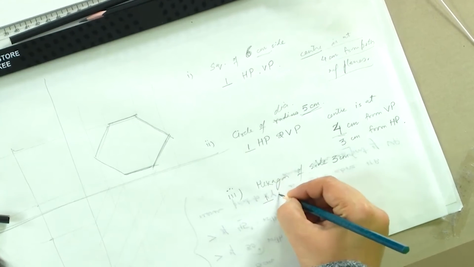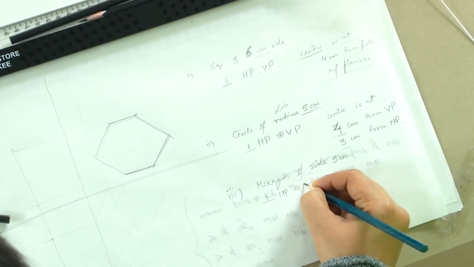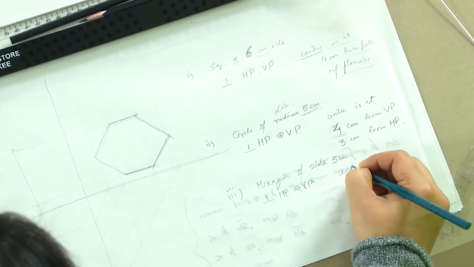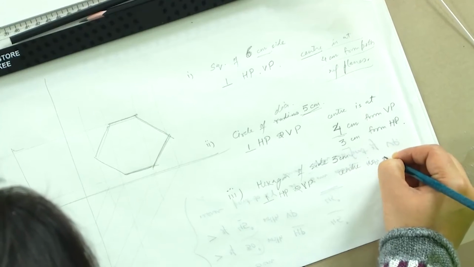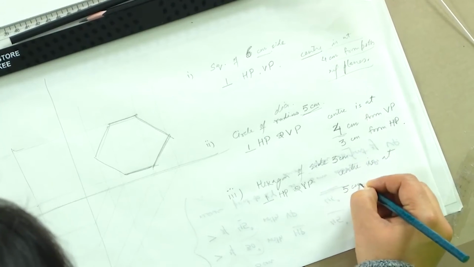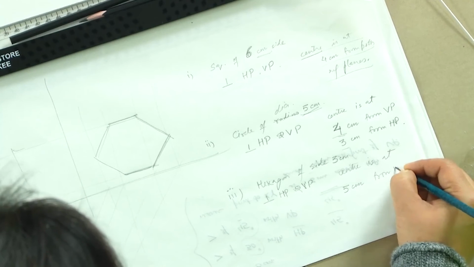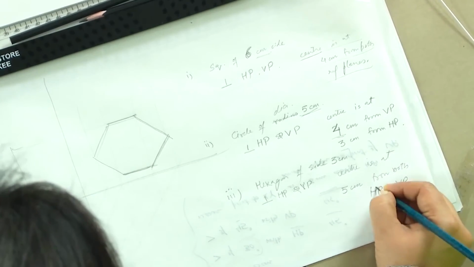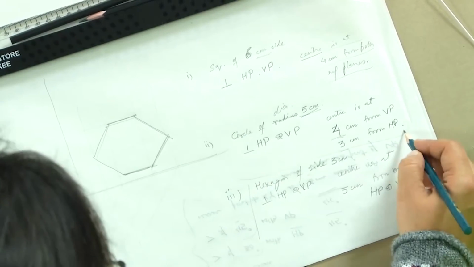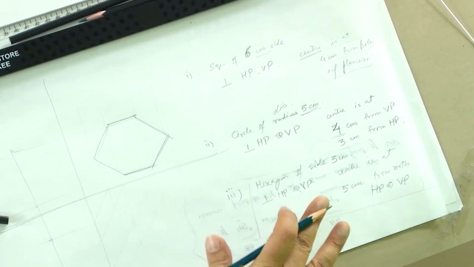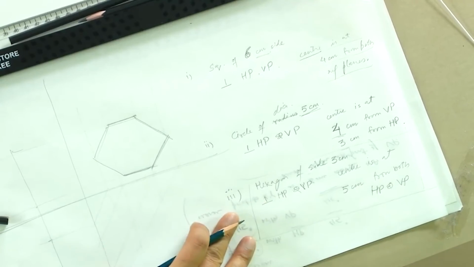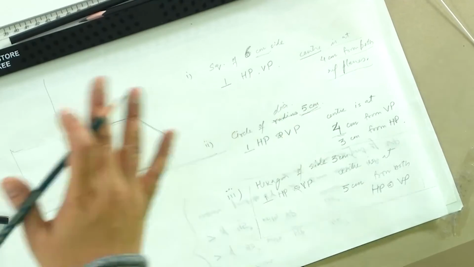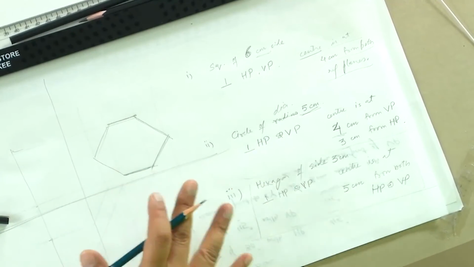Now, this hexagon is perpendicular to both HP and VP, and its center is at 5 centimeter from both HP and VP. So, this is the problem that you should attempt, and before we start the next class, we will have the solution for this problem ready here on the sheet for you to just see.